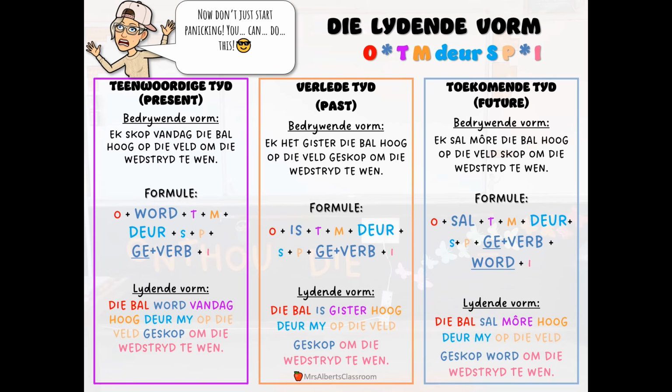When you go to past tense, it's "is." There will always be a "ge" in front of your verb, no matter what tense it is. And then the final thing you need to see is "sal" goes with your future tense, and we add a "word" before the infinitive. Look at those, study those, and make sure you know your formula off by heart.